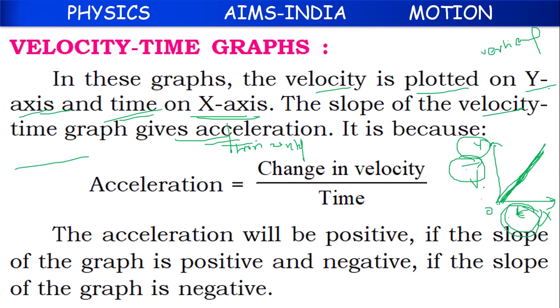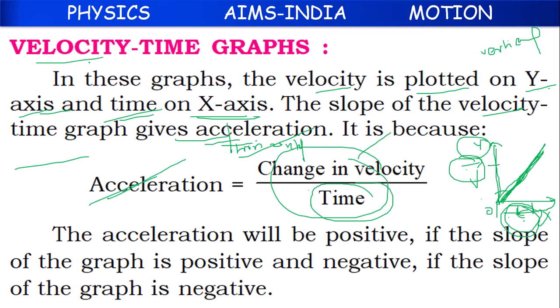Measurement of velocity means how much velocity there is in the beginning, and if time passes, what the final velocity is. That difference is called change in velocity, and from beginning time to ending time is called the time interval. So the ratio of the measurement of y value and the measurement of x value, indirectly, the ratio of change in velocity by time interval, gives the acceleration. So the slope of the velocity time graph will give the acceleration.